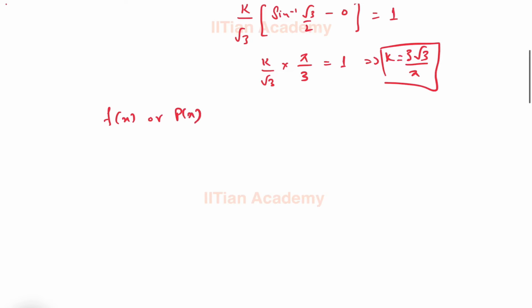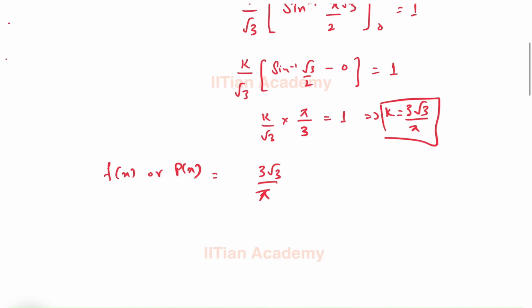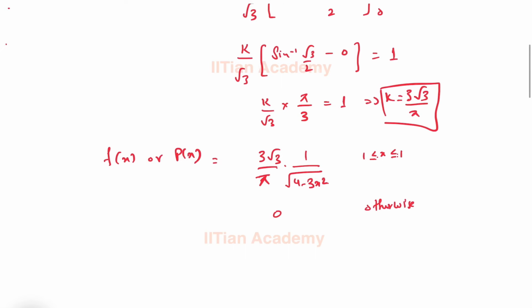So our probability density function fx, or sometimes it is also called px, will be equal to 3 root 3 by pi, since the value of k is 3 root 3 by pi, into 1 divided by root under 4 minus 3x square for x ranging from 0 to 1, and otherwise it is 0.